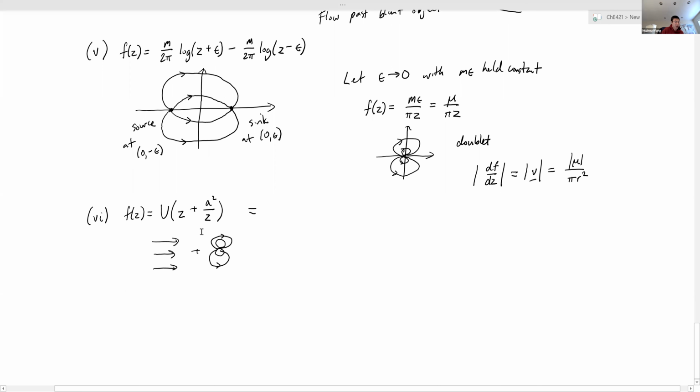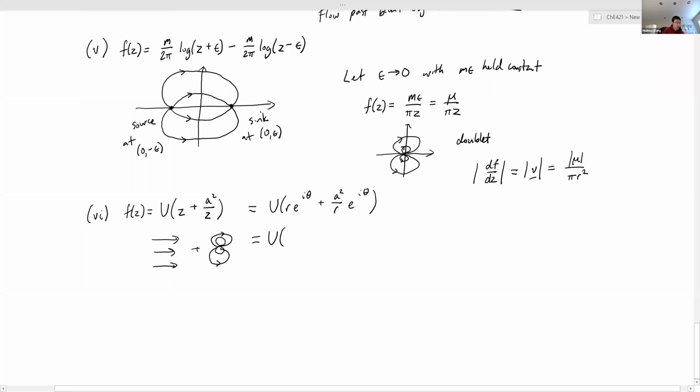I need to get the real and imaginary components of this, and so let me go ahead and do that. In many cases, as I mentioned, it's easier to deal with the polar representation. And so this is u times r cosine theta plus i times r sine theta.